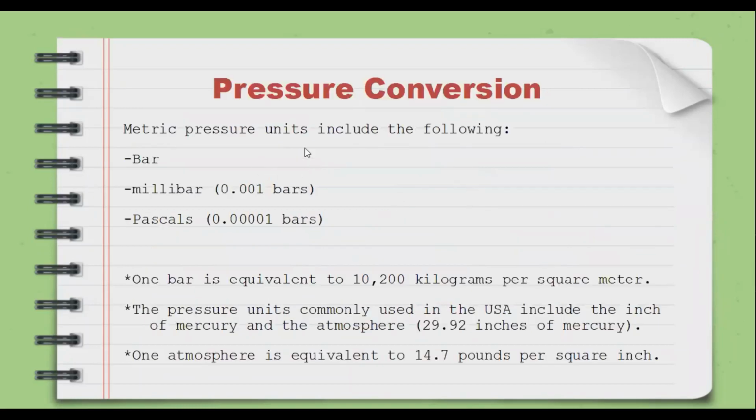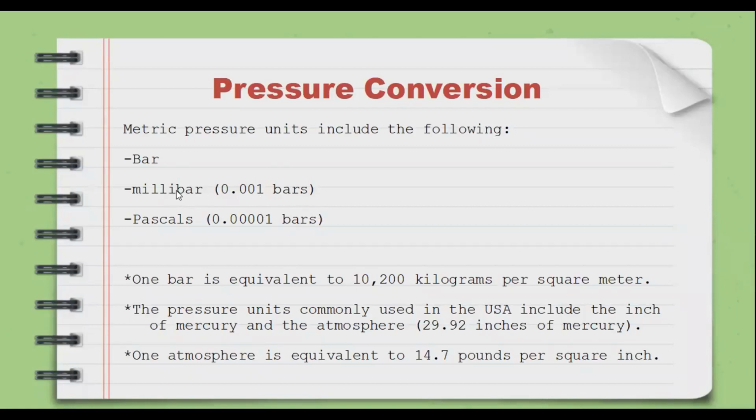Okay, so next, the pressure conversion. The metric pressure units include the following. Again, the bar is the basic unit of pressure in the metric system. Under the bar, we have the corresponding millibar, which is equal to 0.001 bars, and the pascals, which is equal to 0.00001 bars.